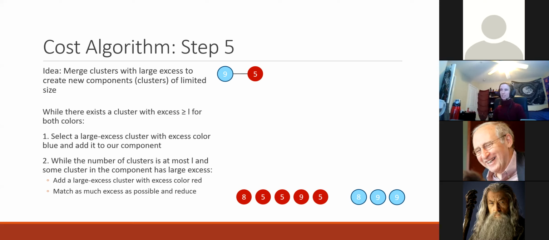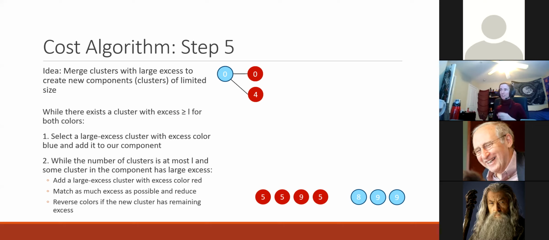We visualize this as an edge between the 2 clusters, and we try to match as much of those as possible. This reduces the amount of excess we have in these clusters together. Then we just continue doing this as long as we can. So we'll take another red large excess cluster, match a bunch of the excess and reduce it.